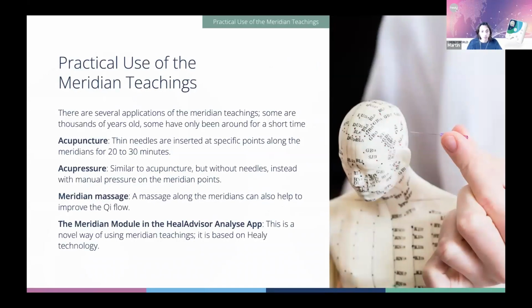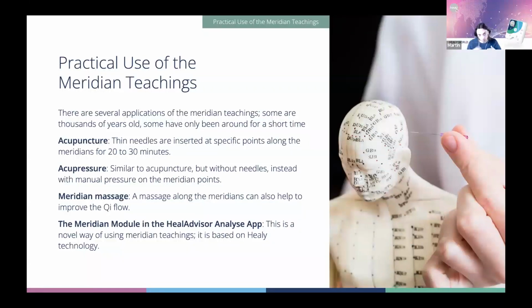And of course, you have the practical use of meridian teachings that I already mentioned some. It's acupuncture, so you have thin needles that are inserted at specific points along the meridians. You have acupressure, so you can do the same thing that you do with needles, with a little pressure or a little more pressure. Meridian massage, of course, so you can massage alongside the whole meridian.